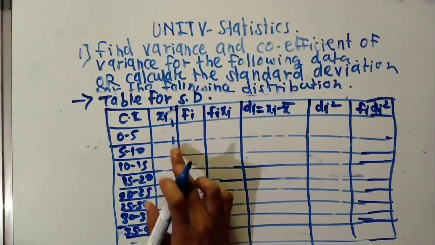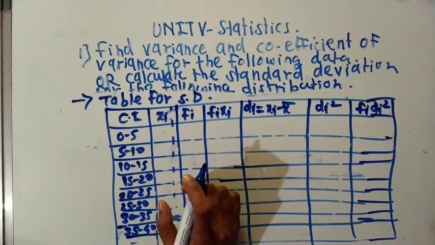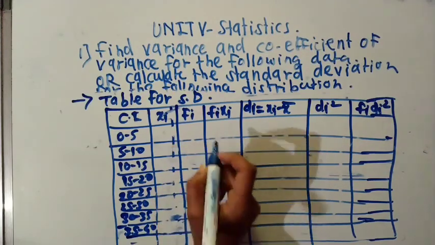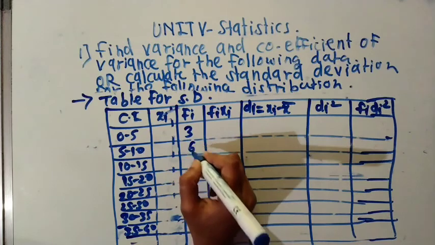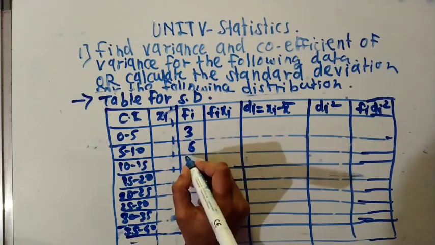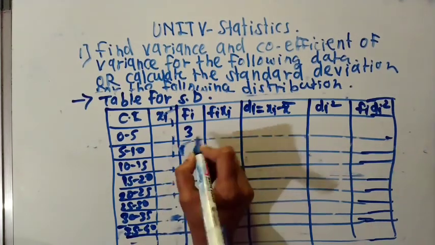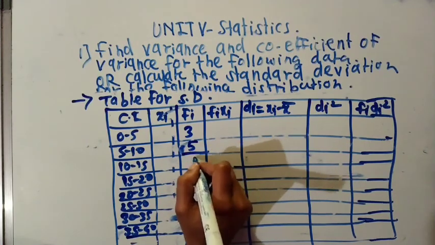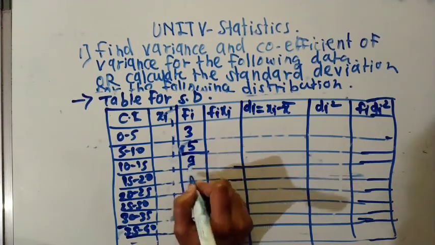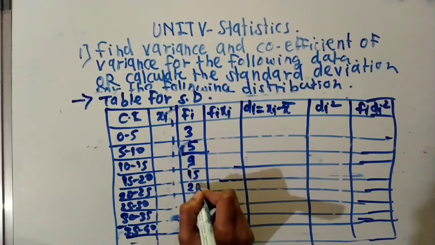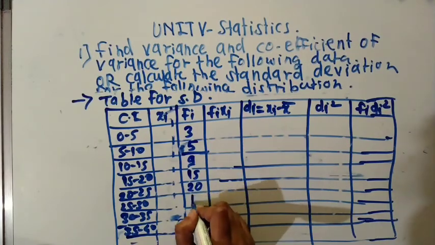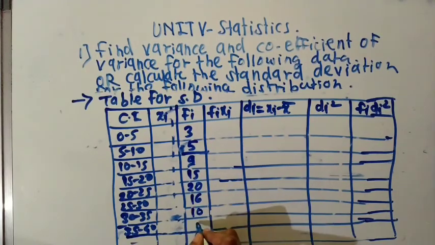Then fi is the frequencies: 3, 5, 9, 15, 20, 16, 10 and 2.